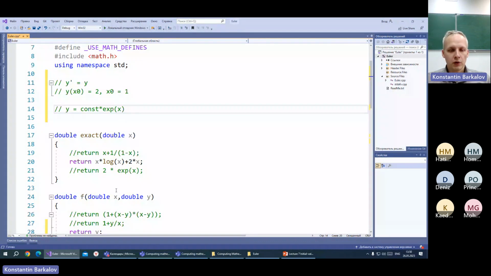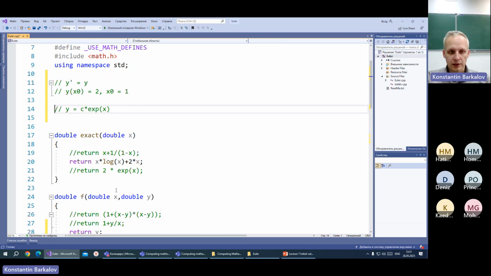The first derivative of e power x equals e power x, and the first derivative of c times e power x equals c times e power x.